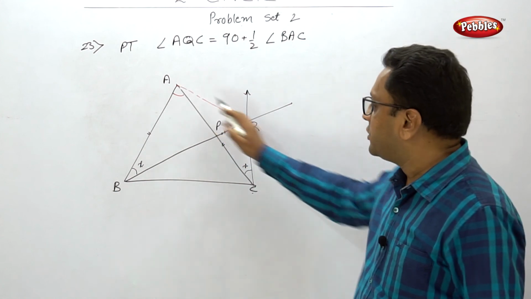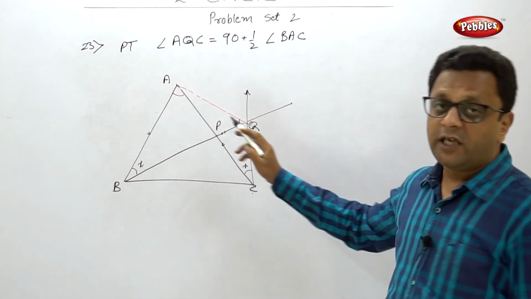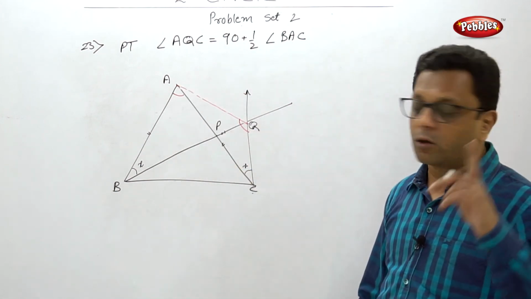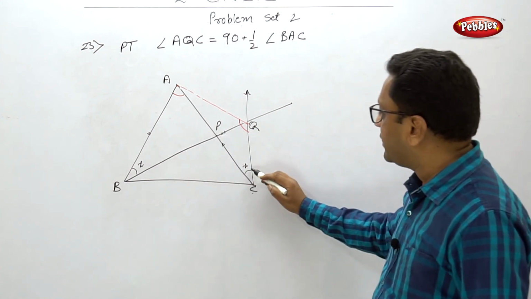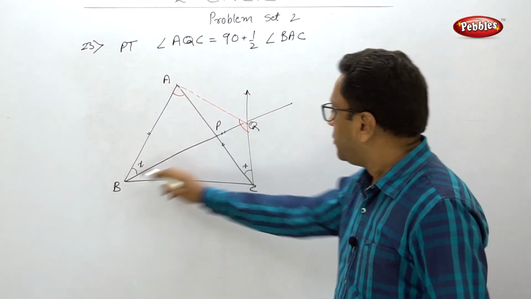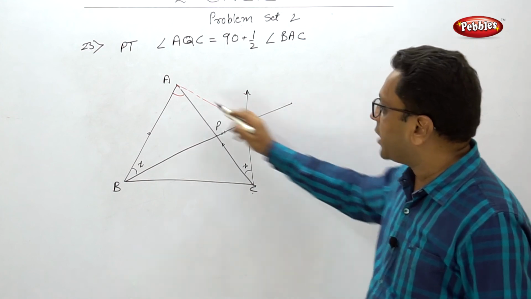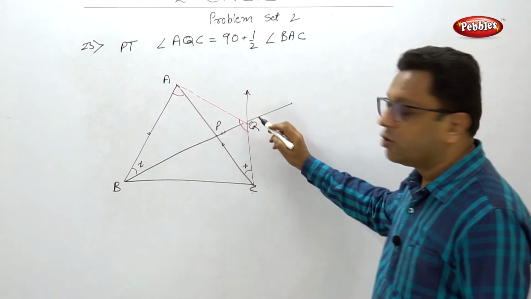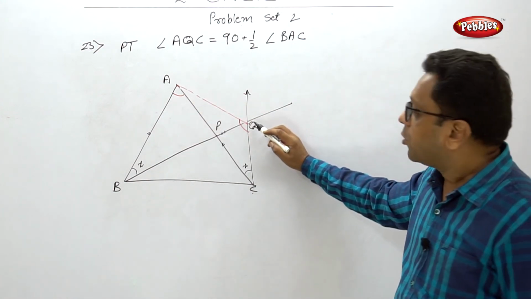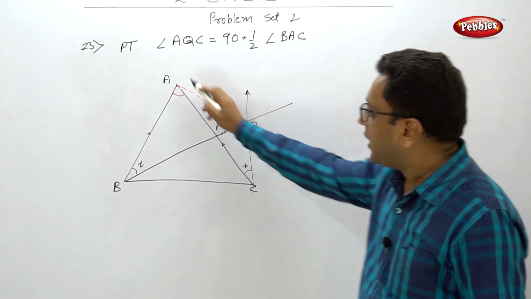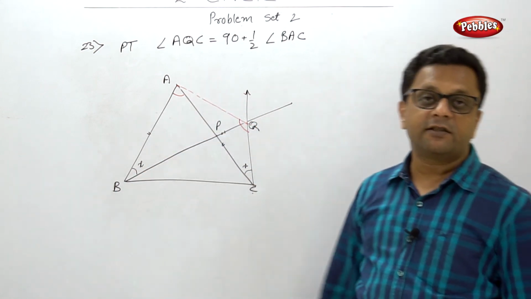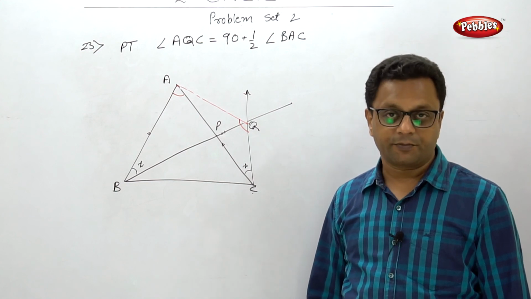When we extend this AQ, it subtends congruent angles, because this X and this X, ABQ and ACQ, that means this line AQ subtends congruent angles, and hence ABCQ is a cyclic quadrilateral, correct?